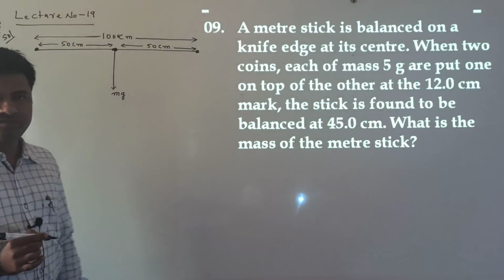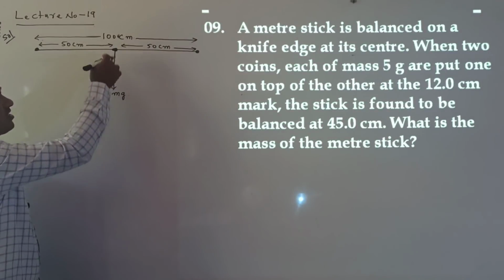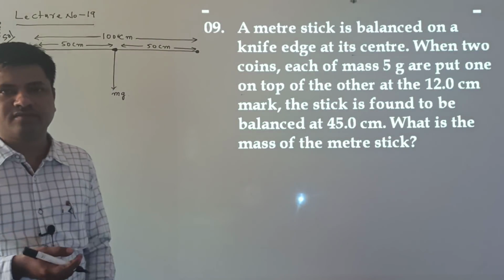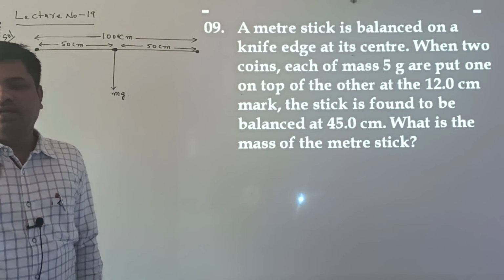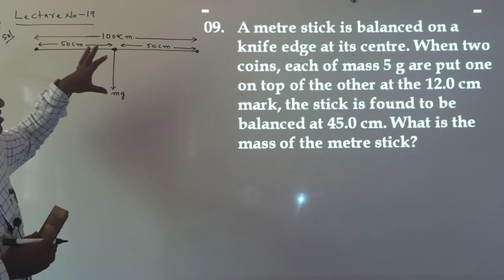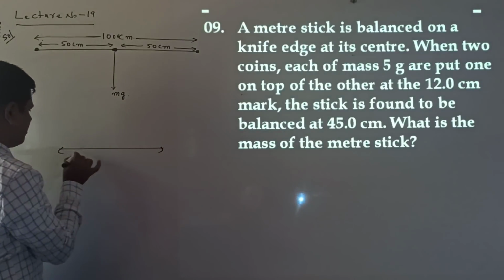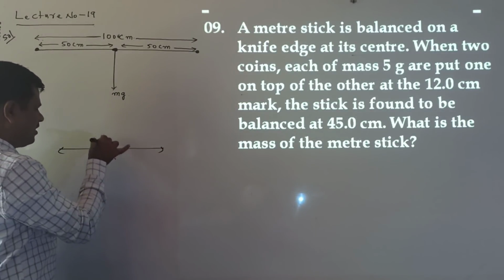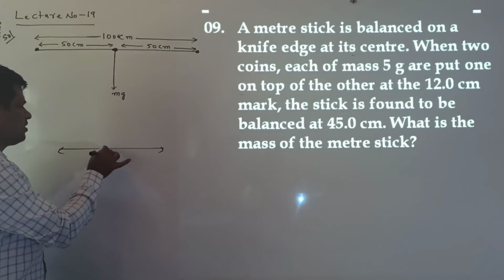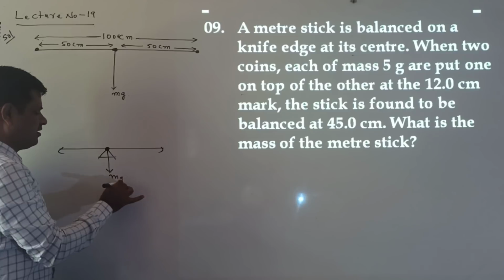Okay, clearly listen. Now the weight is acting in the downward direction at the center because it is balanced. Here the meter stick is balanced on the knife edge at its center. Suppose I am placing the knife edge here. It balances, which means the total weight is concentrated at the center. So weight is acting in the downward direction.